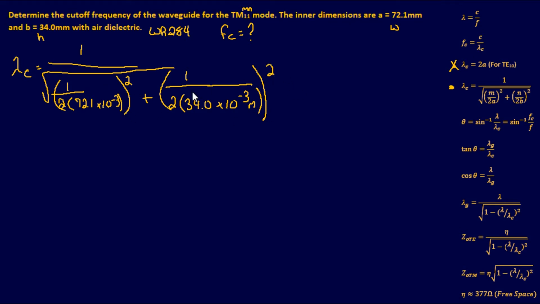All right, so I know it's ugly, but we'll work through it and it'll look a little cleaner. We'll go ahead and solve these denominators right here first before we do the square root. So we'll go ahead and say 1 over 2 times 72.1 times 10 to the negative 3. So that way we can just go ahead and see if we can clean this up.